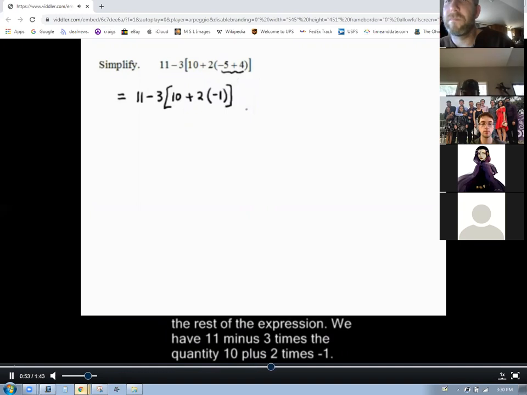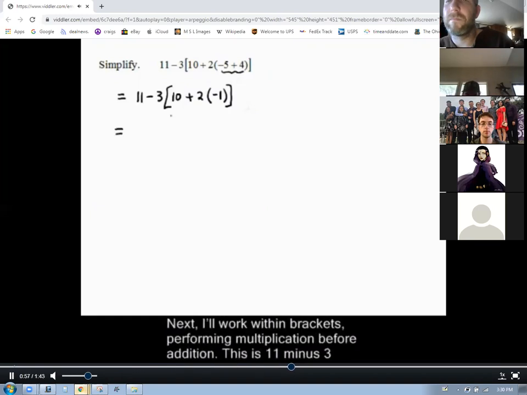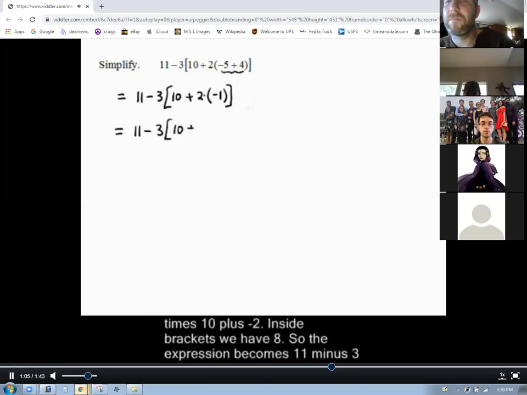Next, I'll work within brackets, performing multiplication before addition. This is 11 minus 3 times 10 plus negative 2. Inside brackets, we have 8. So the expression becomes 11 minus 3 times 8.